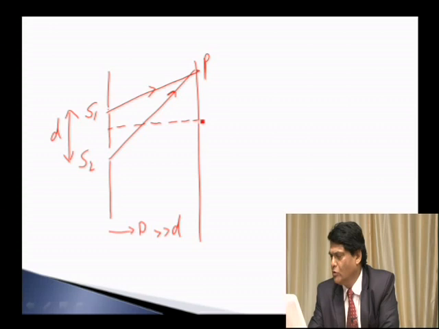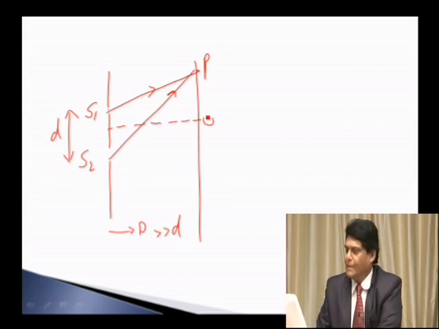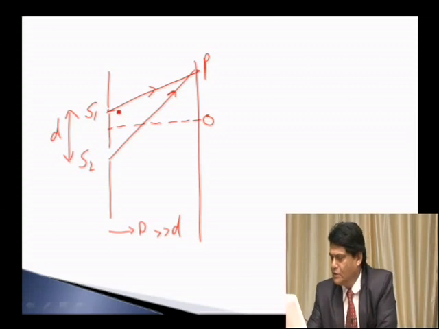Let O represent the middle point of this distance d. Now, let us join this with dotted lines here, and similarly join this with dotted lines here.